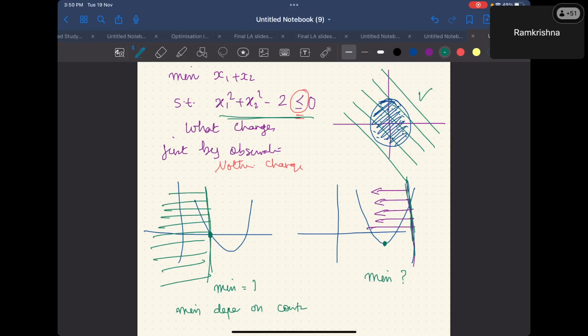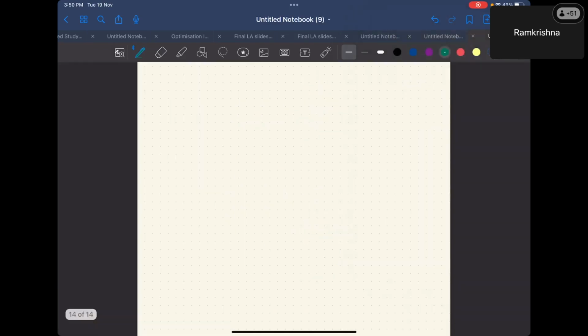Starting from here, we will now derive conditions for minimizing f of x such that now I have the inequality constraint g of x less than or equal to 0.